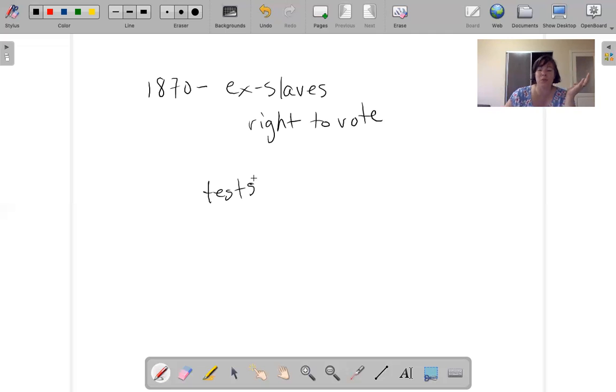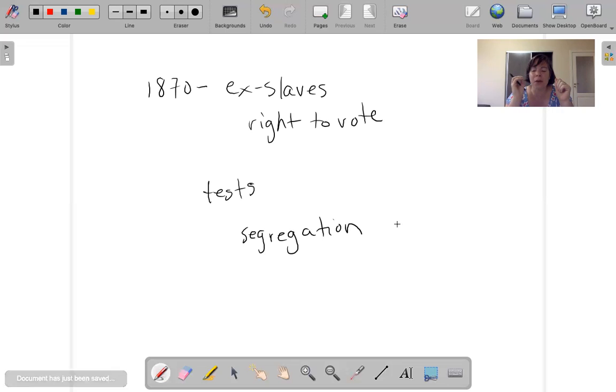There were all these rules made. Segregation. They made these awful rules. Segregation means to separate. Black people weren't allowed to go into the same store as white people were.